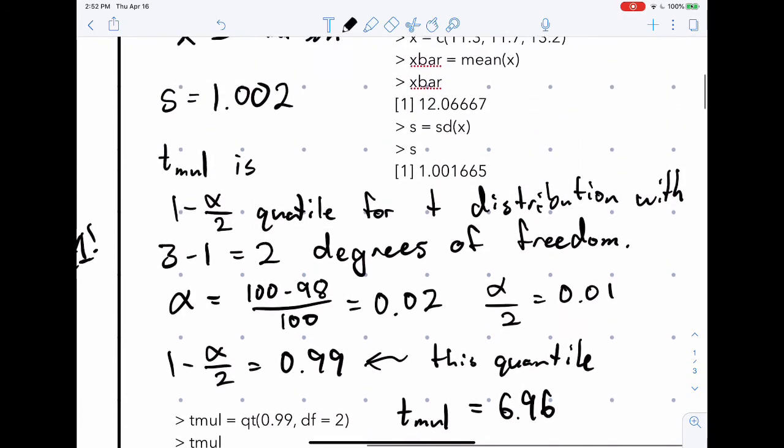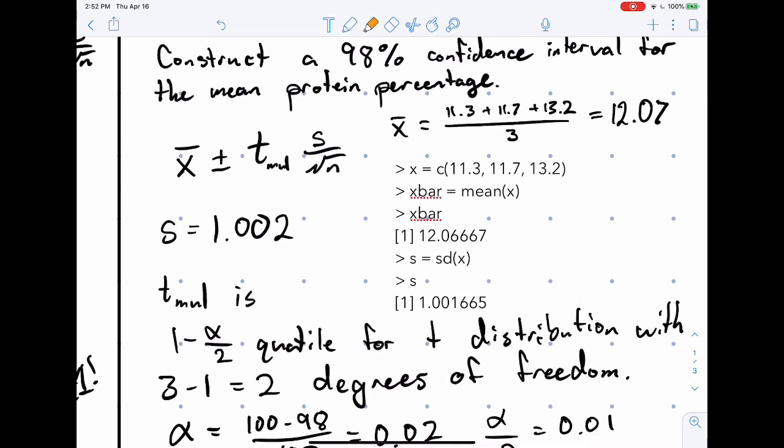Now we can construct our confidence interval, plugging it into this formula.